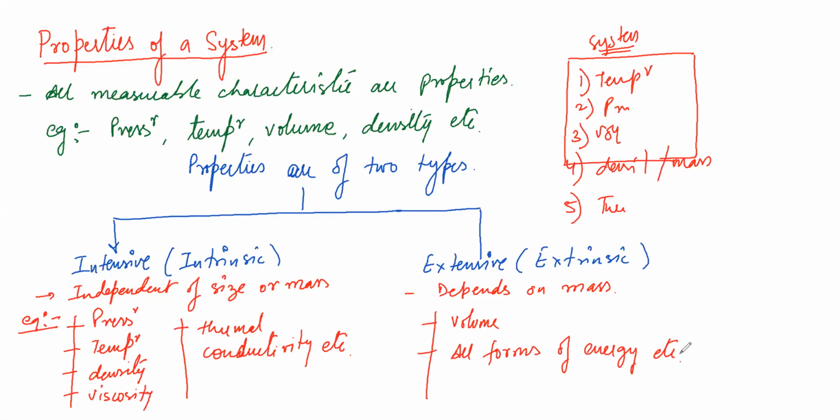Any measurable characteristics are defined as properties. Again, properties are of two types: intensive properties and extensive properties. Intensive properties are independent of mass and size, and extensive properties are mass dependent.